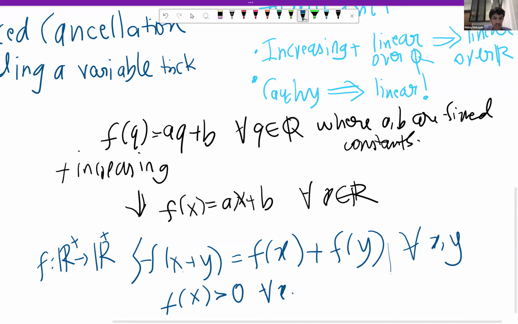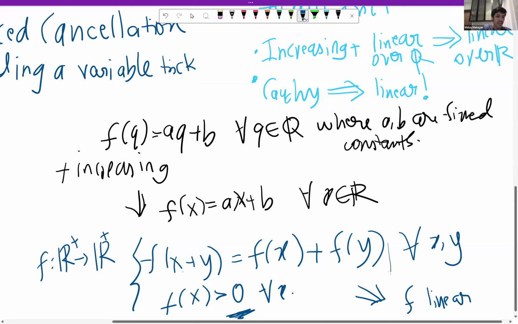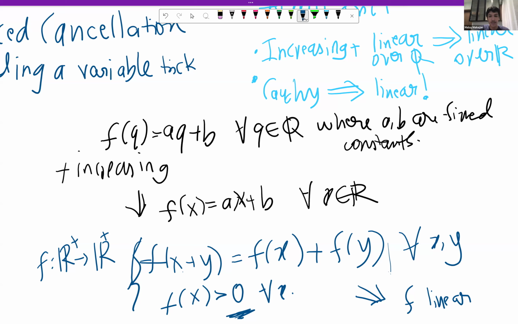So these two conditions imply it's linear, because if you have a bad solution, then there are some conditions on it, that is it's unbounded in every interval and so on. But the point is there's a bound, and I don't want you to prove this. You can assume this. If you want to read more, then just Google and read about pathological solutions to Cauchy's functional equation.